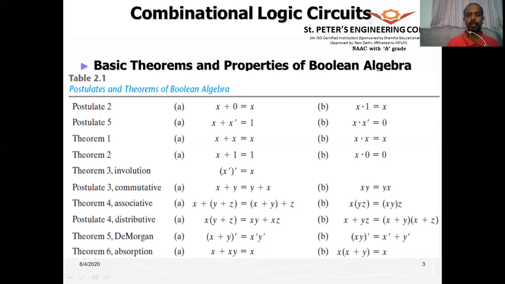Similarly, when you have x OR y, ANDed with x, the result will be equal to x. Here again x OR y is absorbed. That will be the result.